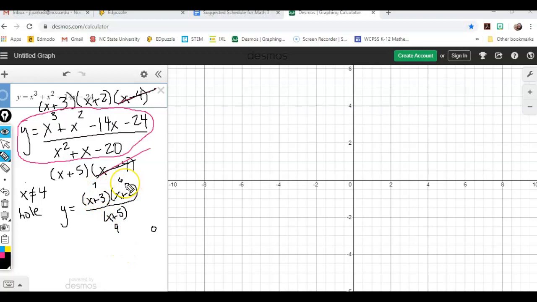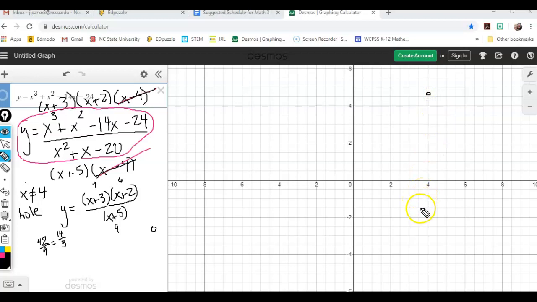So 7 times 6 is 42, and then 42 divided by 9 reduces to 14 over 3, 14 thirds. So it's roughly 4.6. So if I go over to my graph and I go to 4 and 4.6-ish, a little bit more than halfway, I'm going to have a hole in my graph.